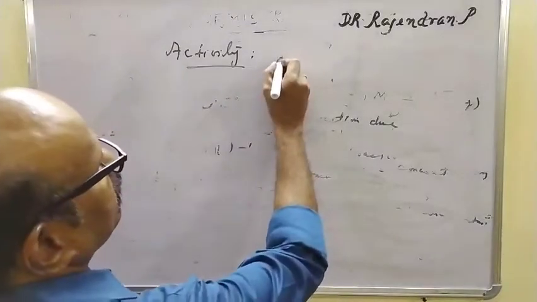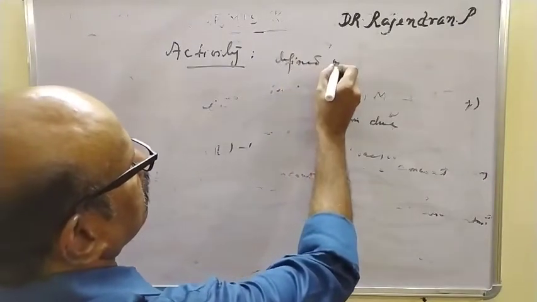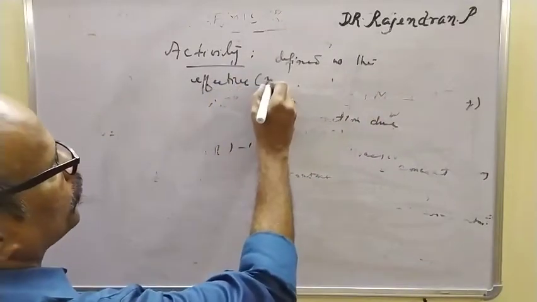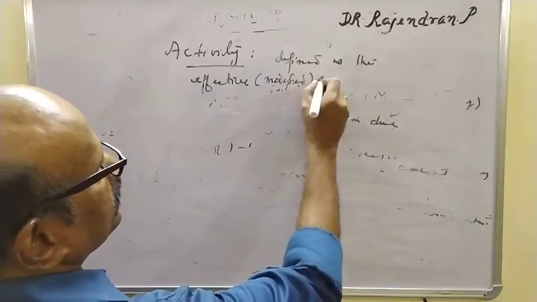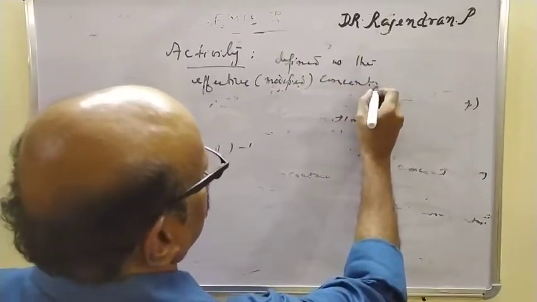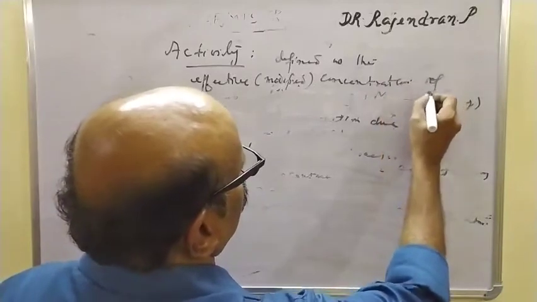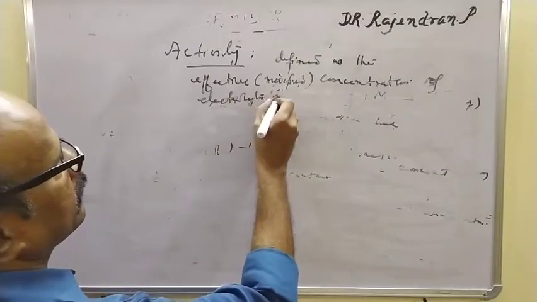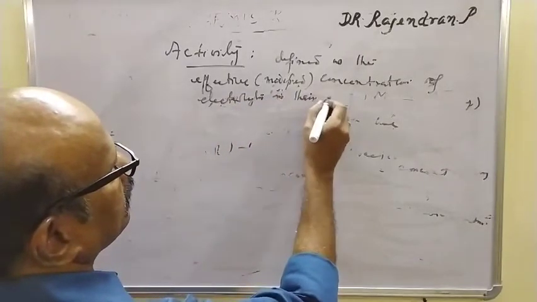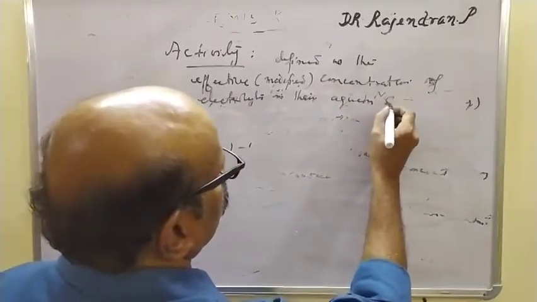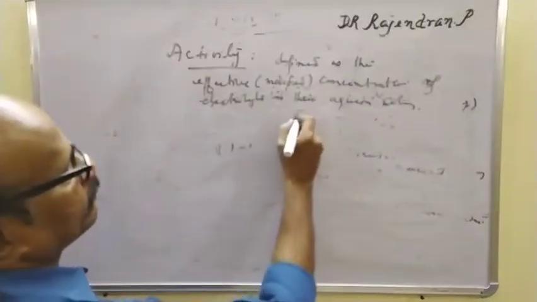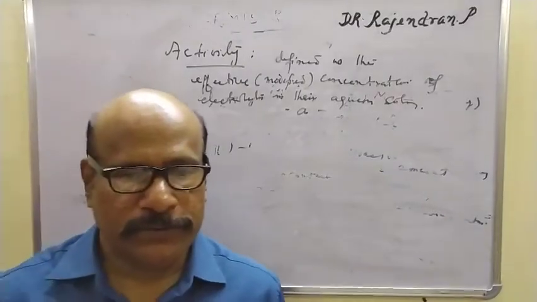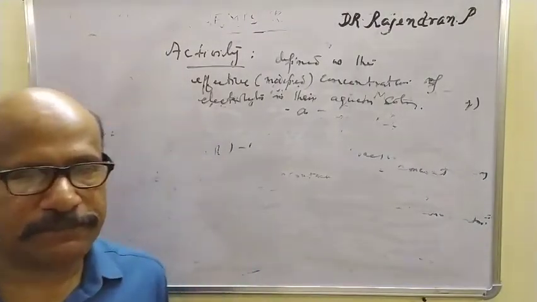So activity is defined as the effective or modified concentration of electrolyte in their aqueous solution, and is usually represented by a term called a. That is the first thing; you have to understand the definition.